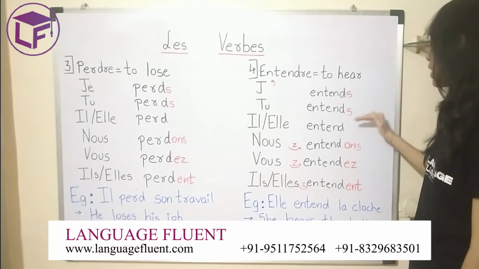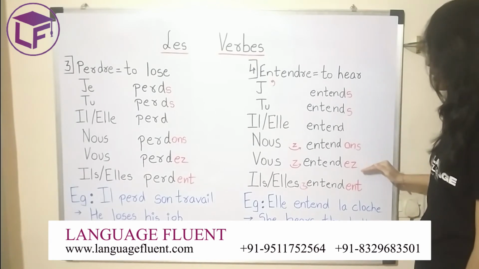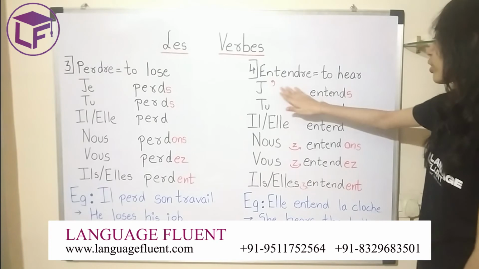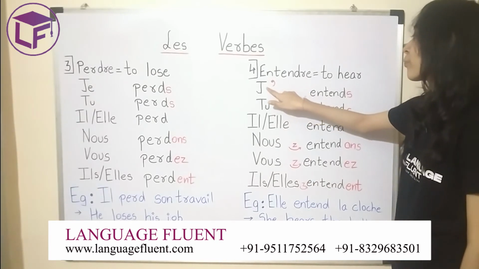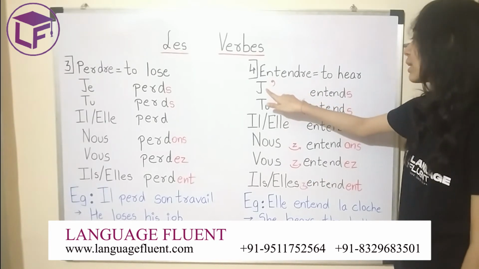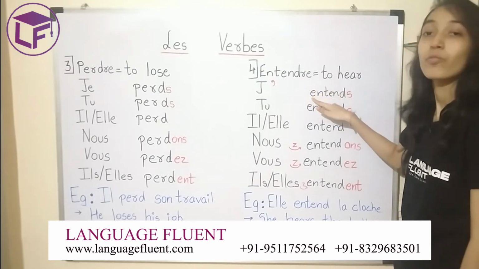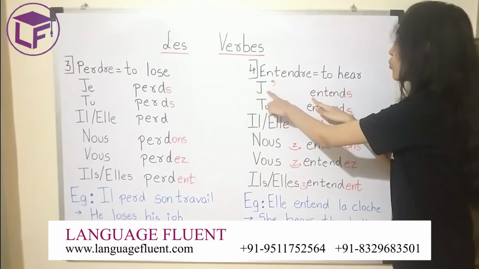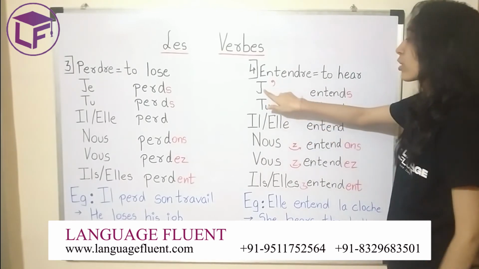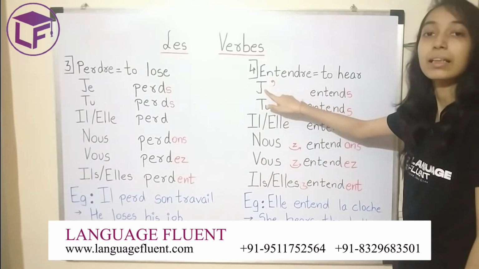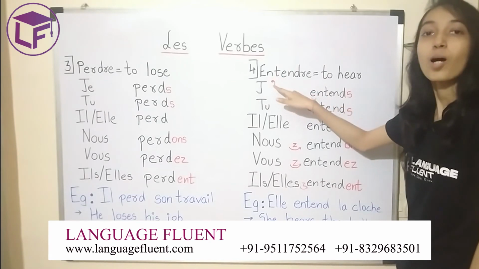S, S, nothing, ONS, EZ, ENT. Here again in the je form I haven't written E because of this E and the E from the verb entendre which starts with a vowel, two vowels clashing with each other in the je form, we eliminate E and we add an apostrophe.